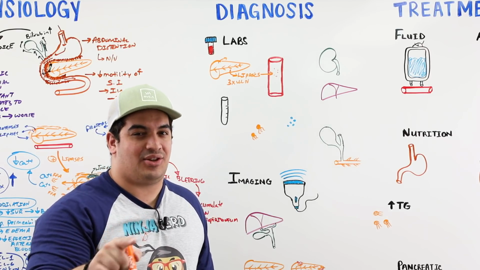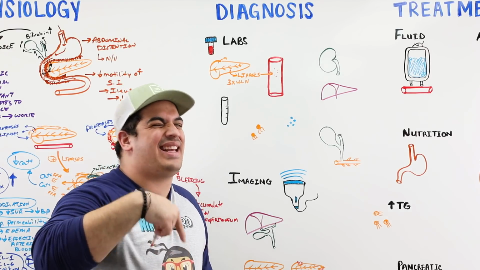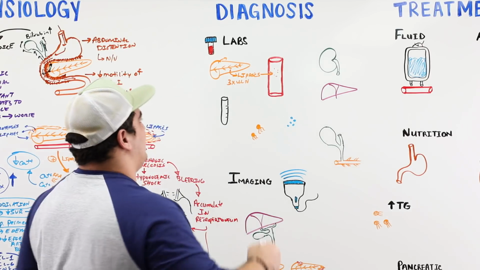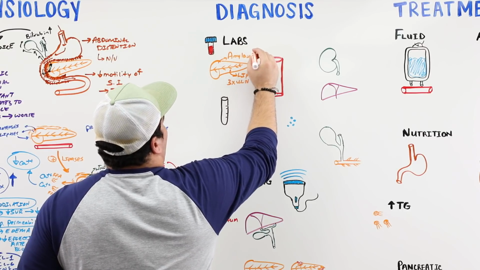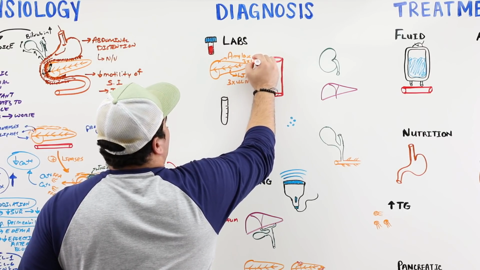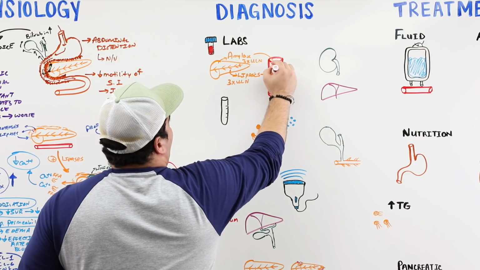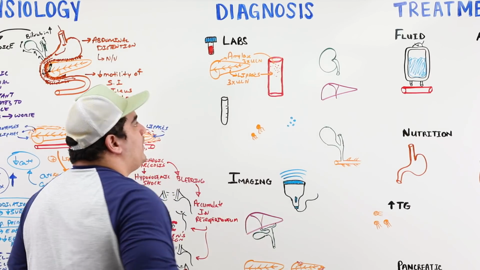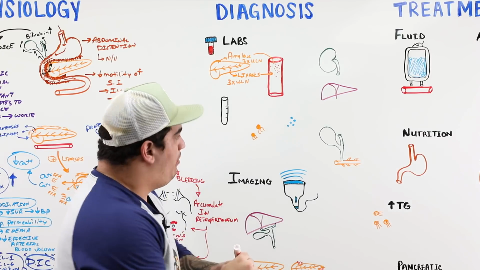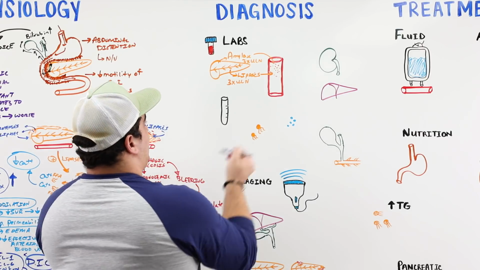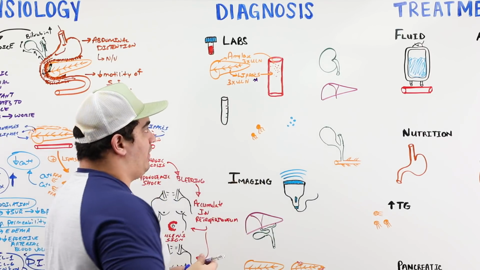Not just the proteases: there were proteases, lipases, and amylases. Amylase is not as good, but if it is also 3 times the upper limit of normal, that may be helpful in pancreatitis, but really the best one is just lipase because it's way more specific for the pancreas.